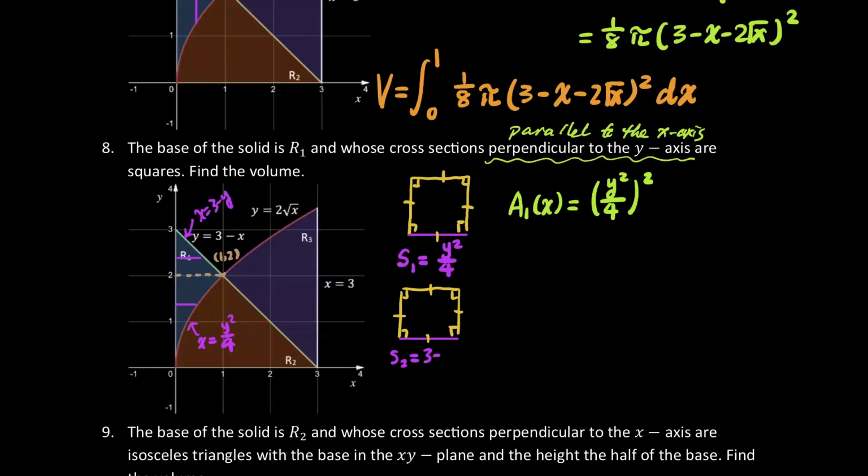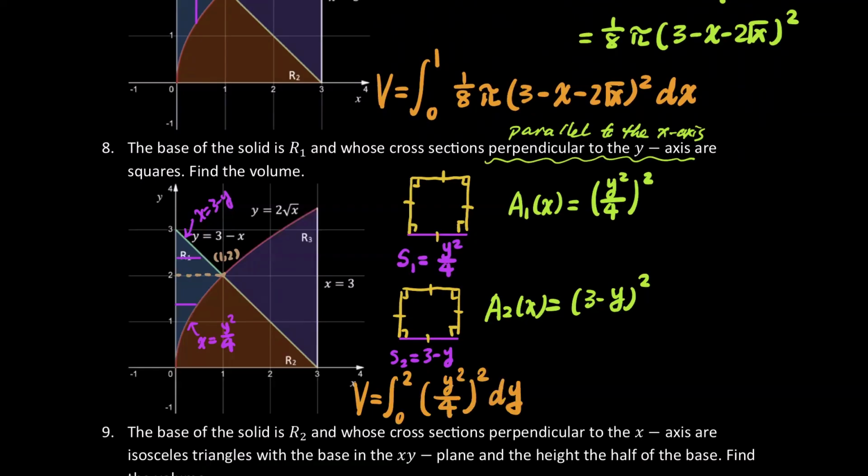So the length is 3 minus y. So area function number 2 is 3 minus y squared. And volume, the lower portion from 0 to 2, so that's the lower portion. And then the upper portion, it goes from 2 to 3.